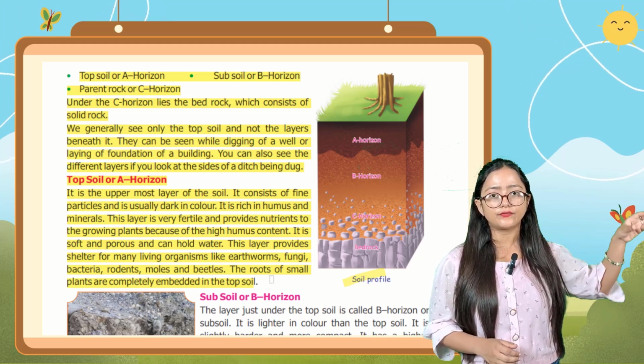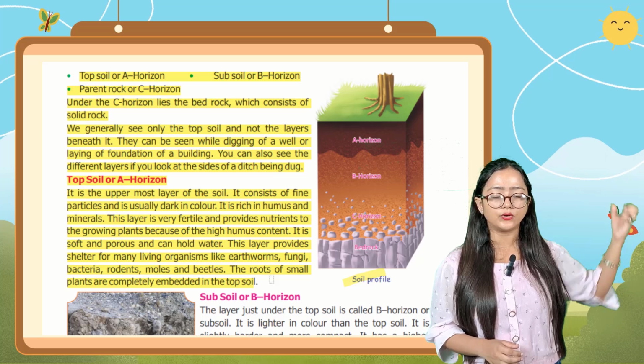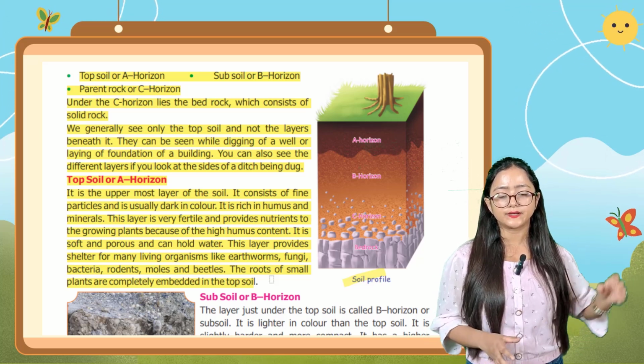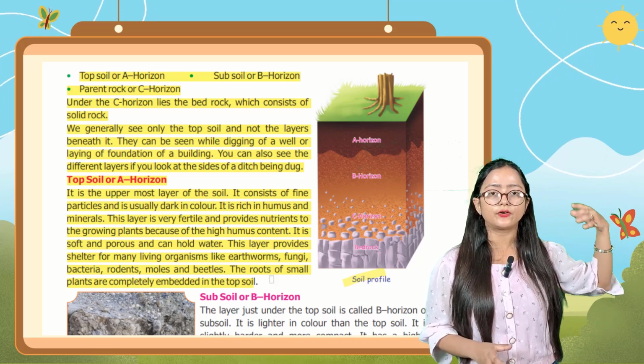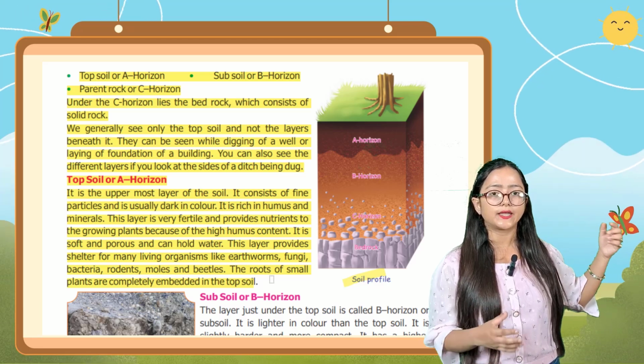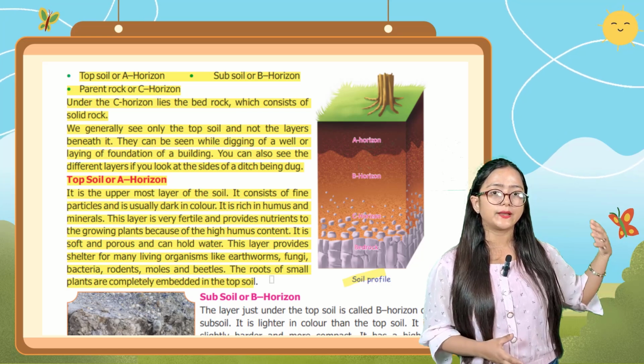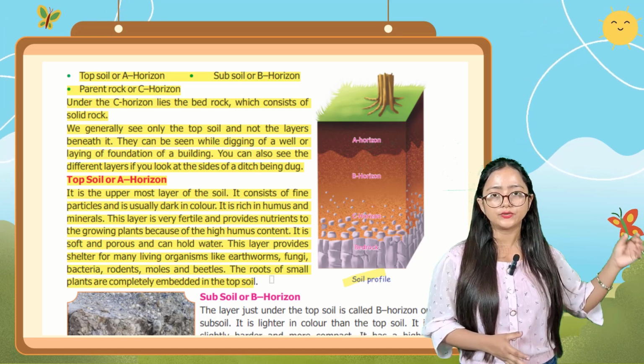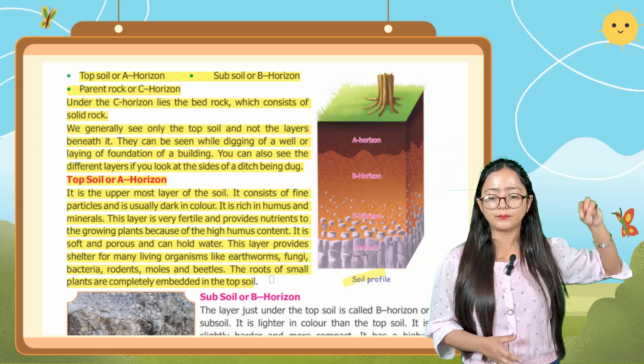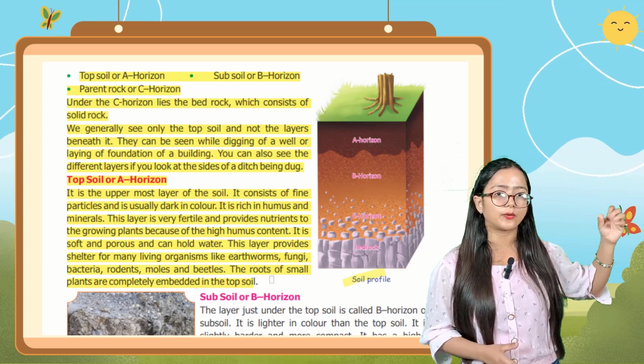It is soft and porous and can hold water. This layer provides shelter for many living organisms like earthworms, fungi, bacteria, rodents, moles, and beetles. The roots of small plants are completely embedded in the topsoil.